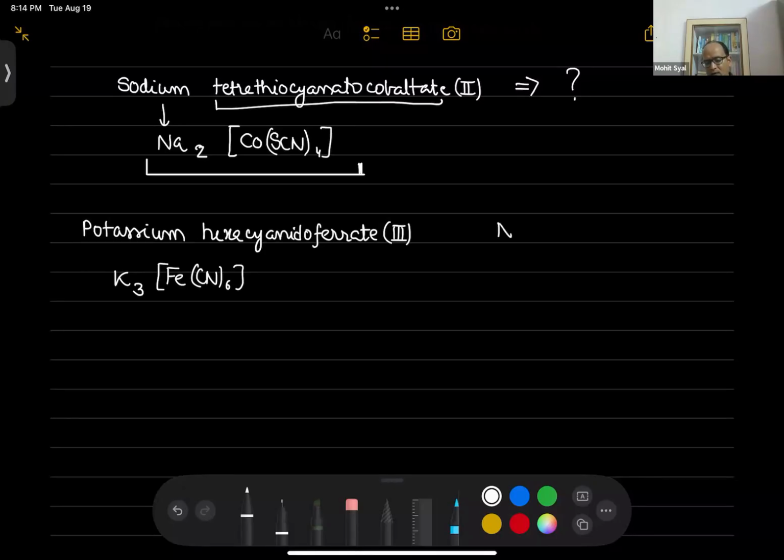Yes, sir. Ni(CO)4. CO is a neutral carbon monoxide ligand, a neutral complex. Okay.